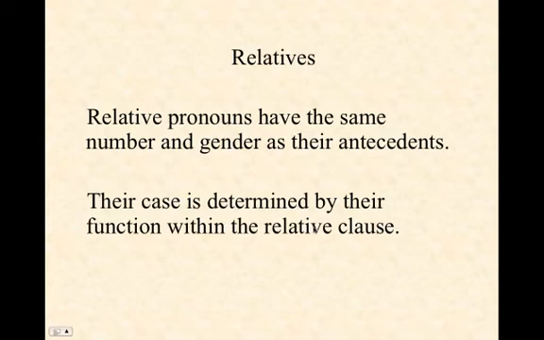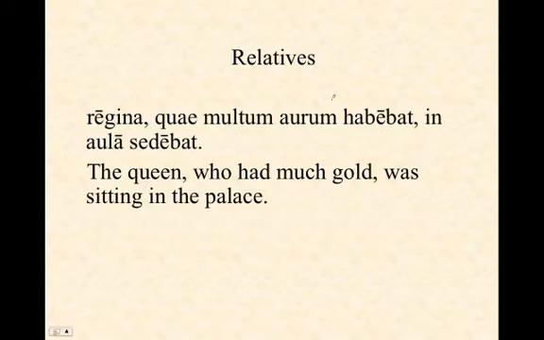Now, a very important point to stress here. Relative pronouns have the same number and gender as their antecedents, but their case is determined by their function within the relative clause. We'll see what that means as we continue this tutorial. Regina, the queen.